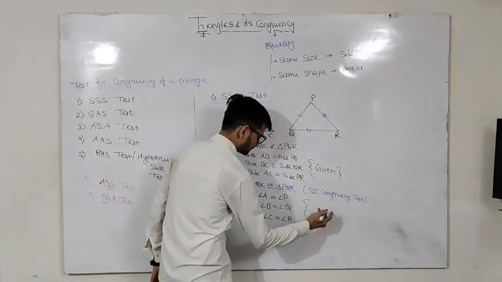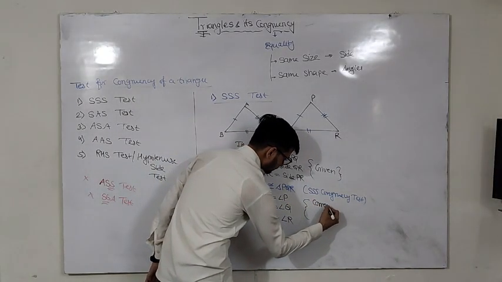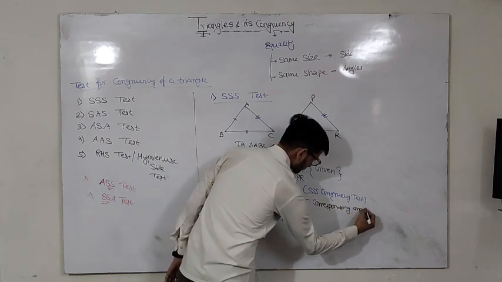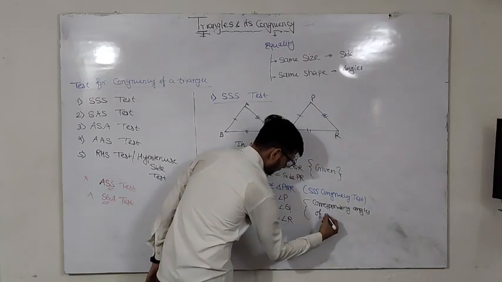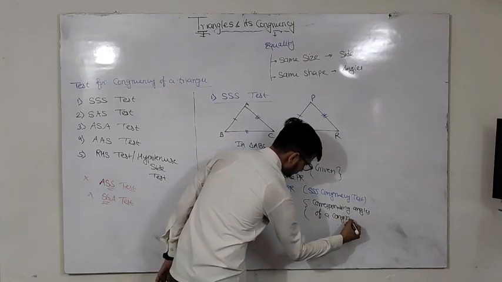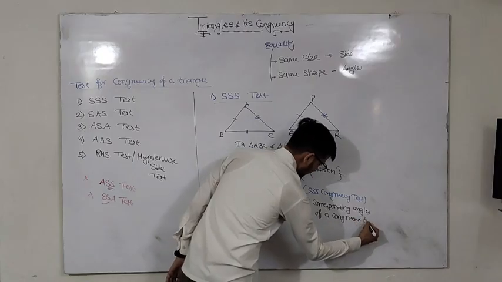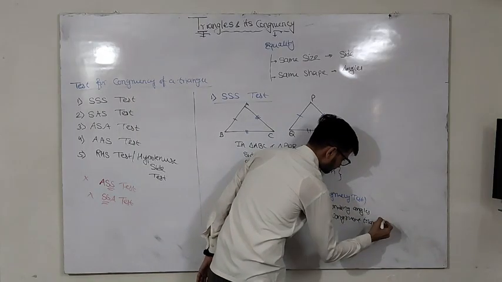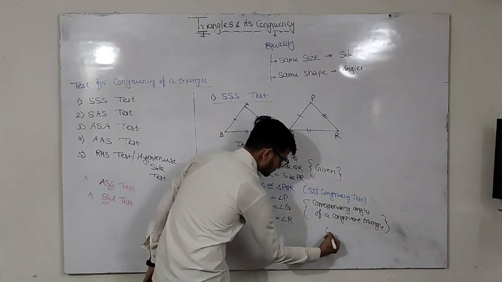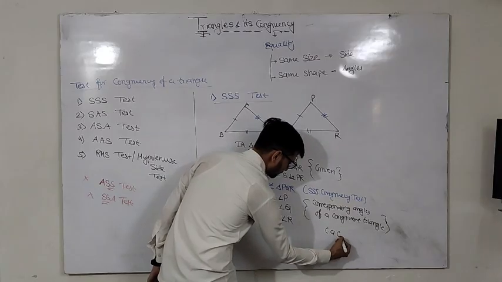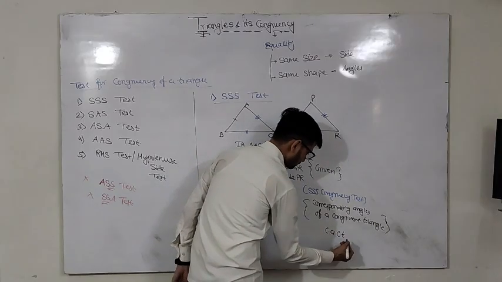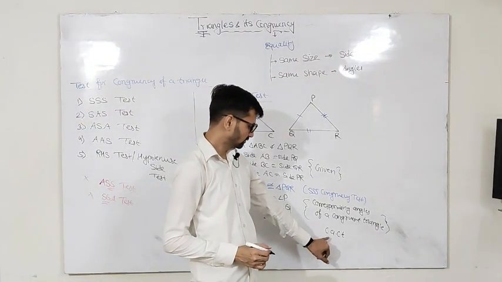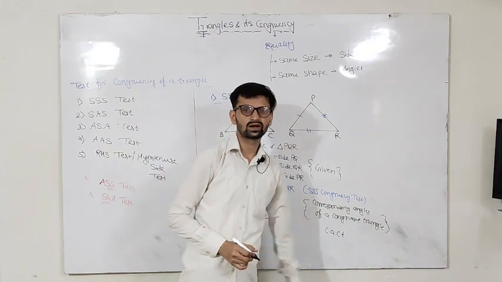So these are corresponding angles of congruent triangles. We can also write it in short form as CACT, corresponding angles of congruent triangles.